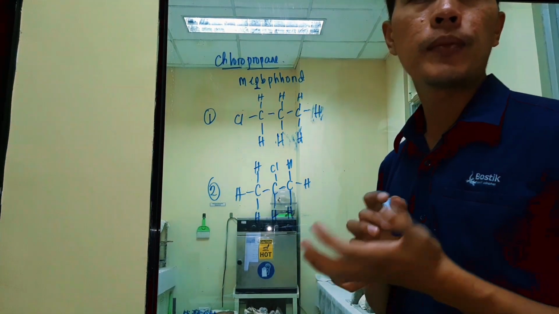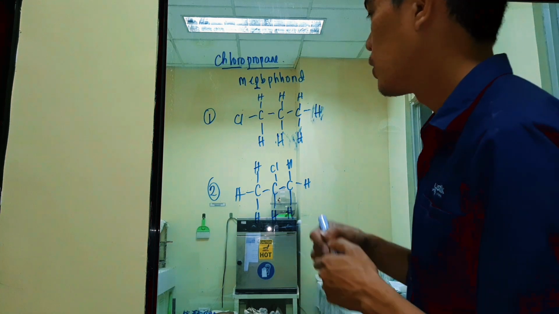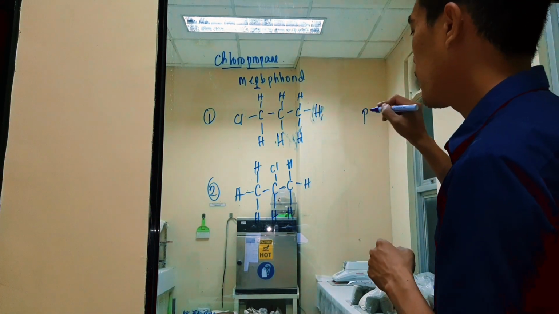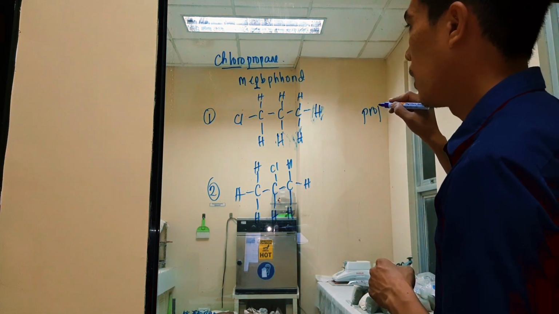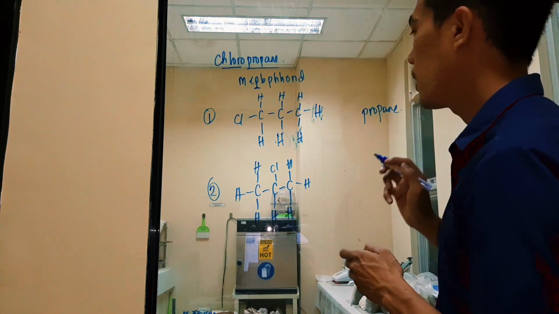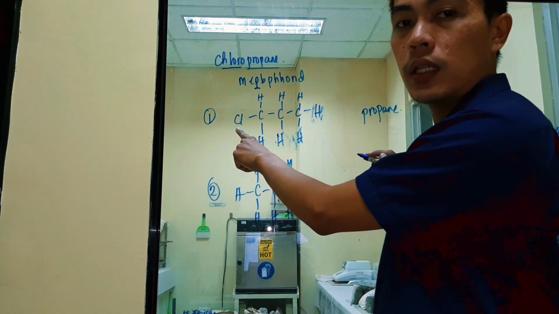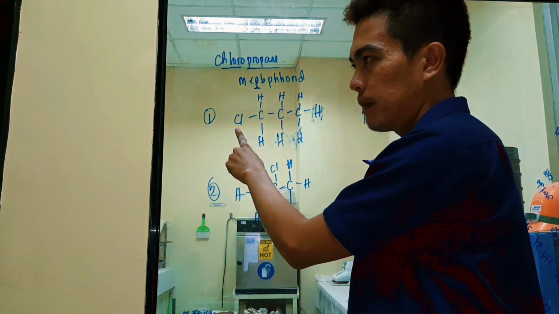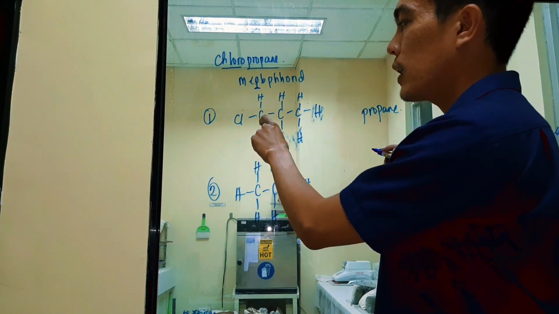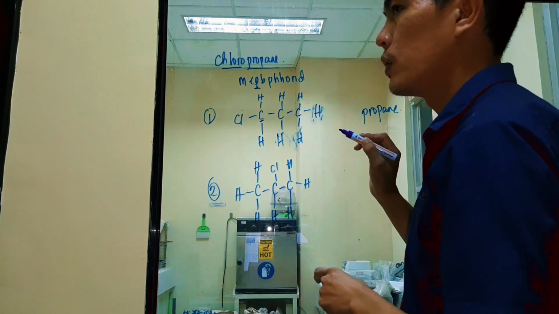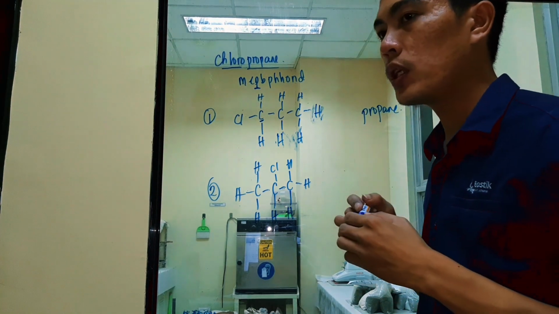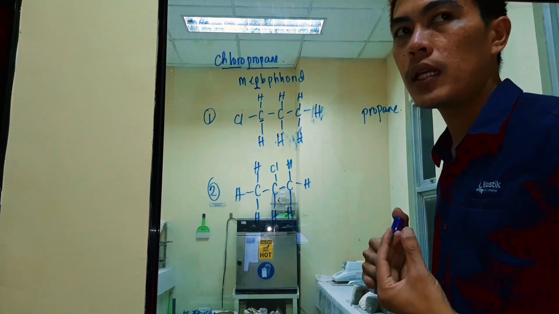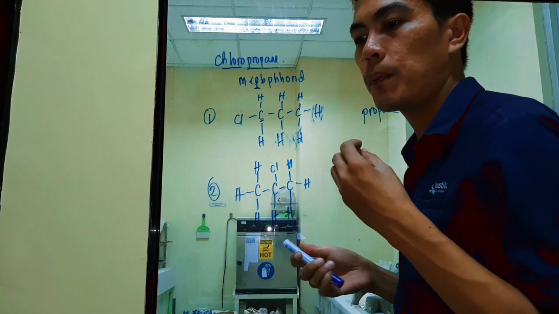So letter B is to suggest names for these two compounds. So for this one, we have propane, and the chlorine is attached to the first carbon. For the functional group, you need to prioritize the location of the attachment in the naming.